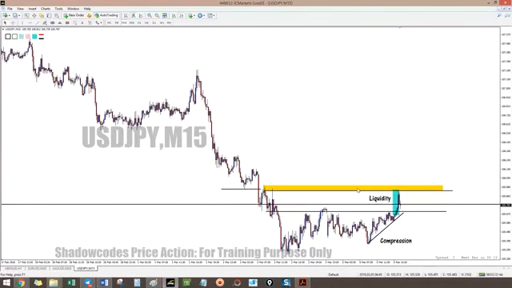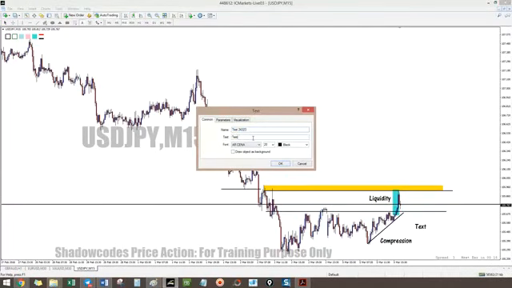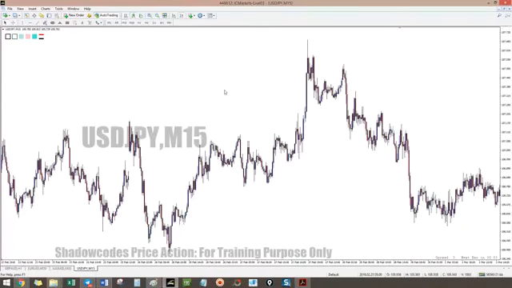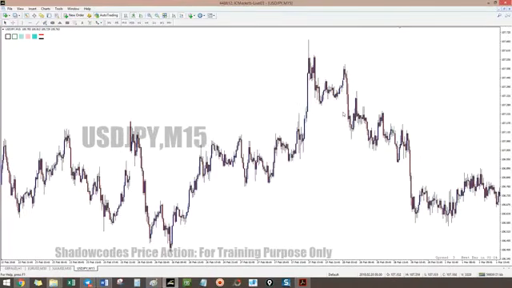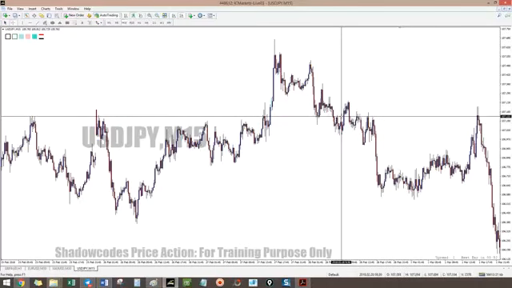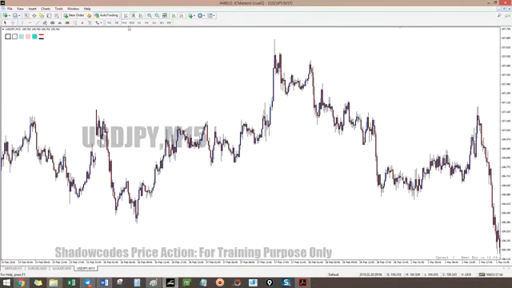So it's also known as CPLQ, which we're going to learn in chapter 4. Right, so let's find our QM. Alright, this looks like a good QM. Let's go to a lower time frame to see this better.